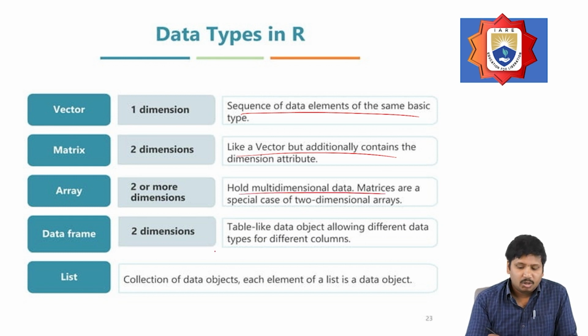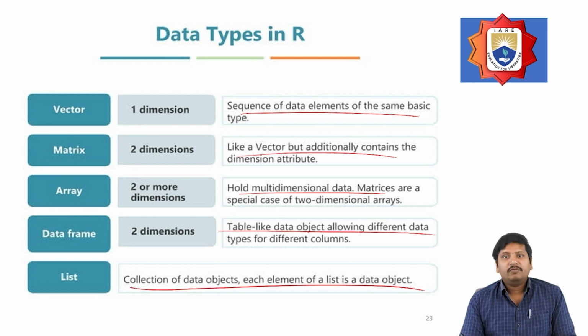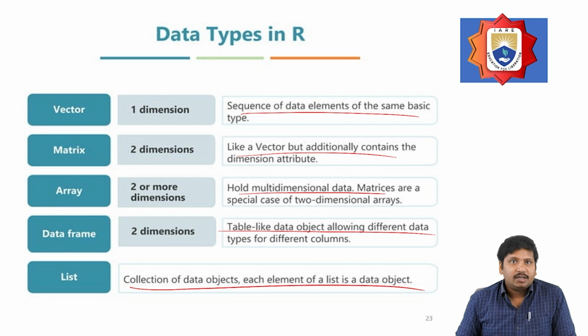Data frame is two dimensions, a table-like object with different data types in different columns. And list is a collection of data objects where each element of the list is a data object. So these are some of the data types in R: numeric, integer, character, factor, logical, and vector, matrix, array, data frame, and list.